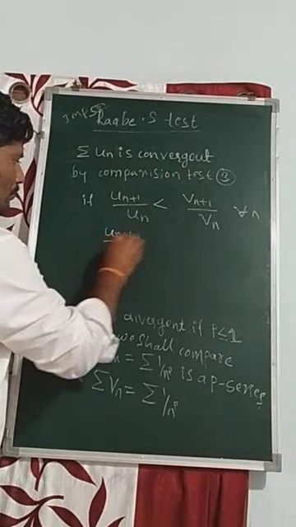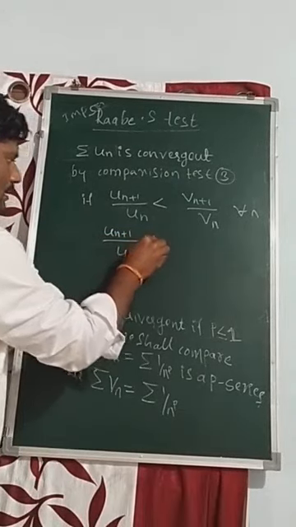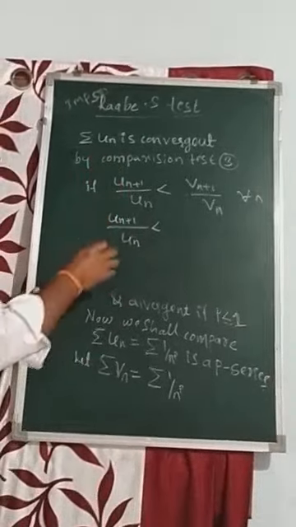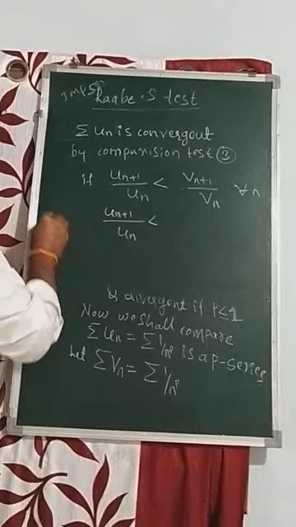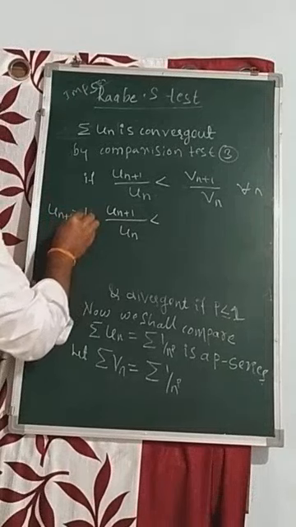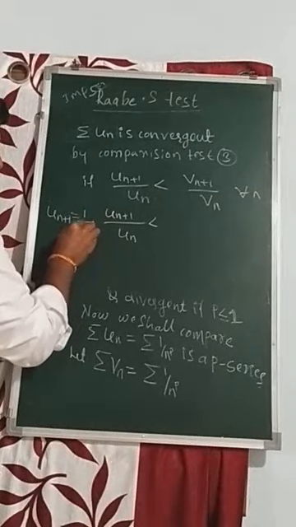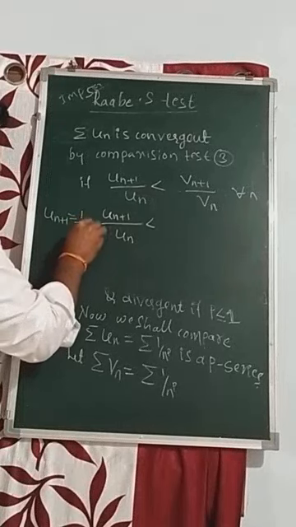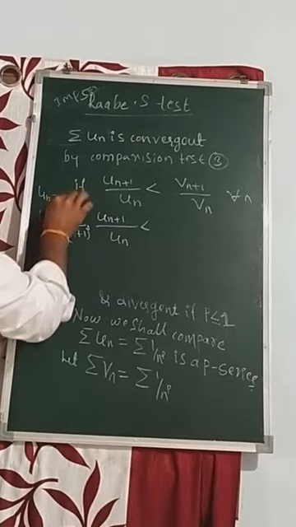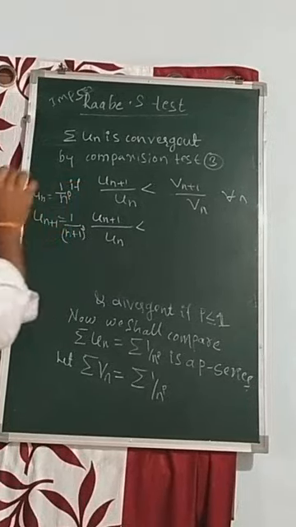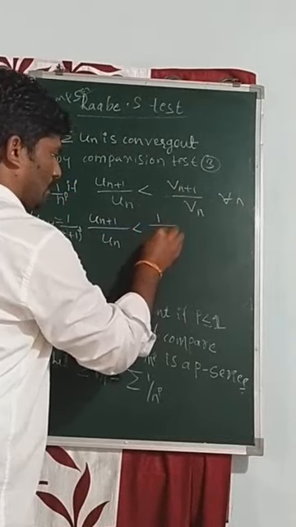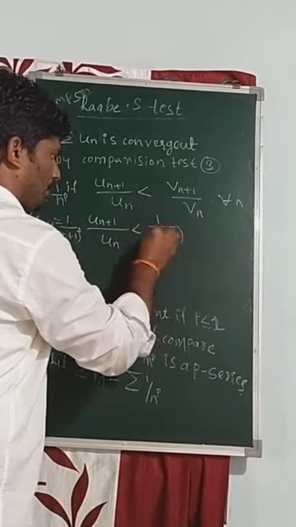Next, un plus 1 divided by un is less than vn plus 1 divided by vn. Here vn is equal to 1 by n raised to p, and vn plus 1 is equal to 1 divided by n plus 1 raised to p.